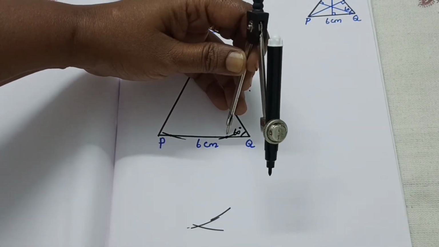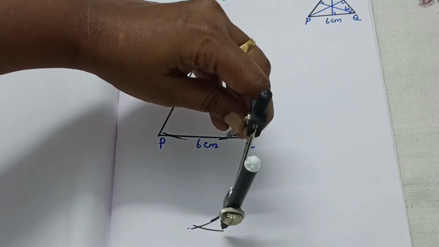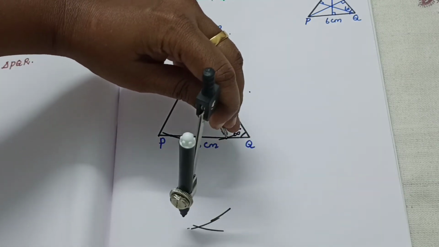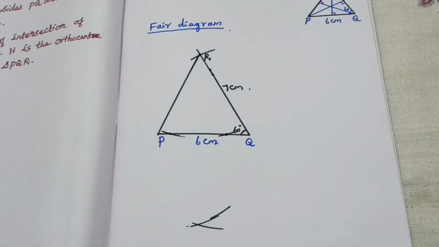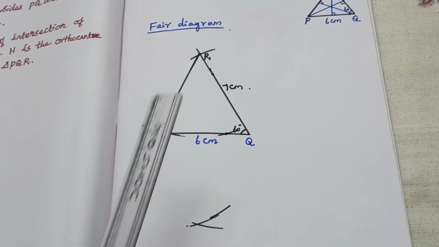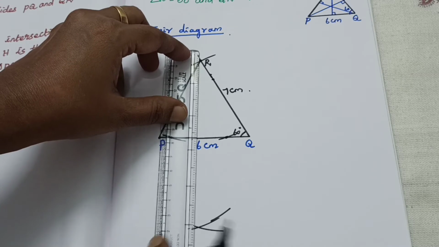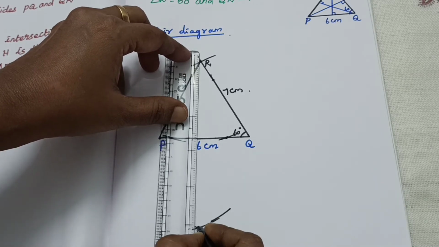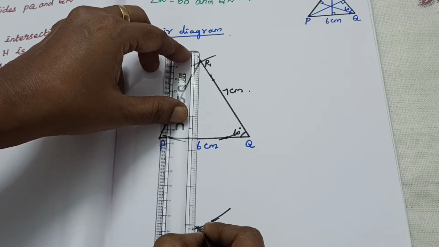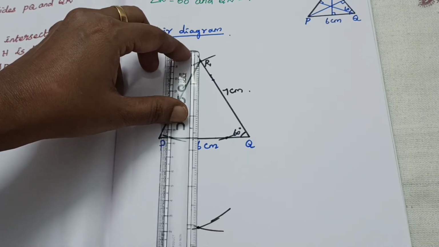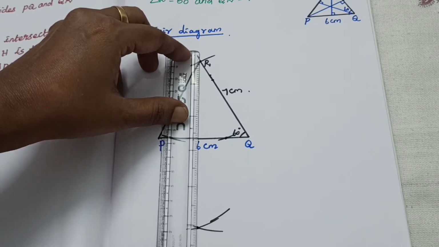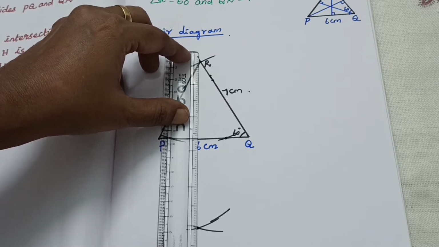Like that keep here and draw the arc. Then afterwards take this scale and join P and this arc. Okay. Then middle point. This dotted portion have to join.